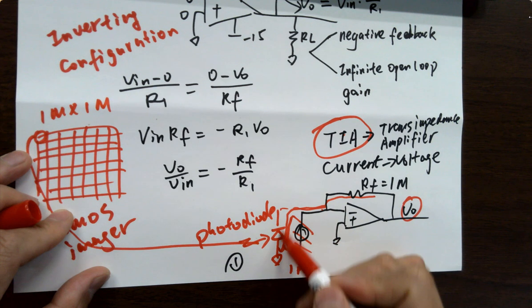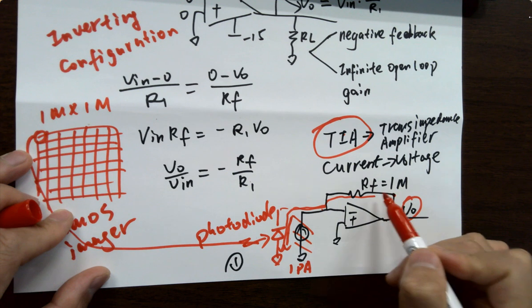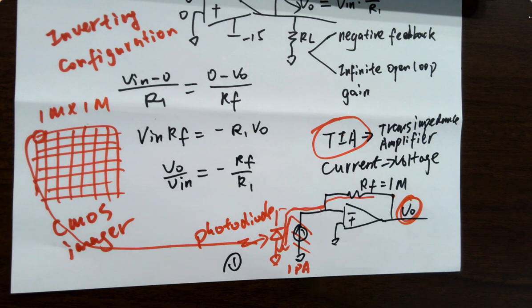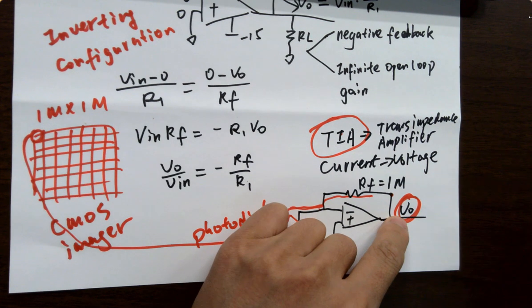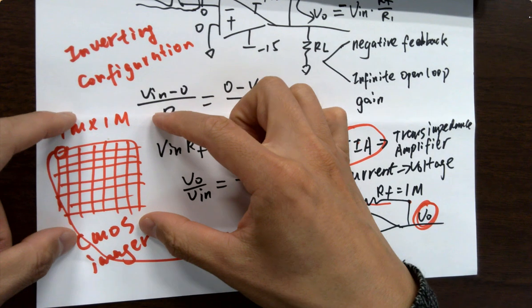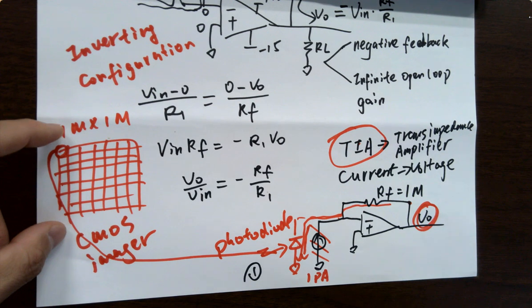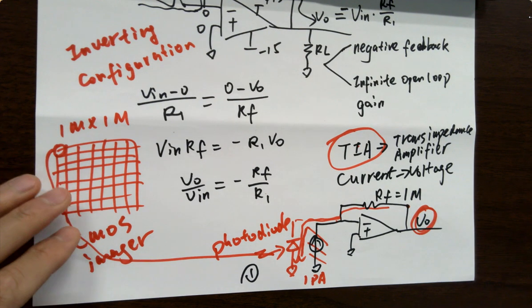So that photocurrent is being multiplied by this feedback resistor to generate the voltage. Depending on the intensity of the light, you are getting a different voltage. So that voltage is being digitized by the computer system. Eventually, you are getting a digital signal in a matrix. So the voltage signal will be put in the matrix and digitally processed by the computer. So eventually, you are receiving a video or image in your phone. That's how that works.